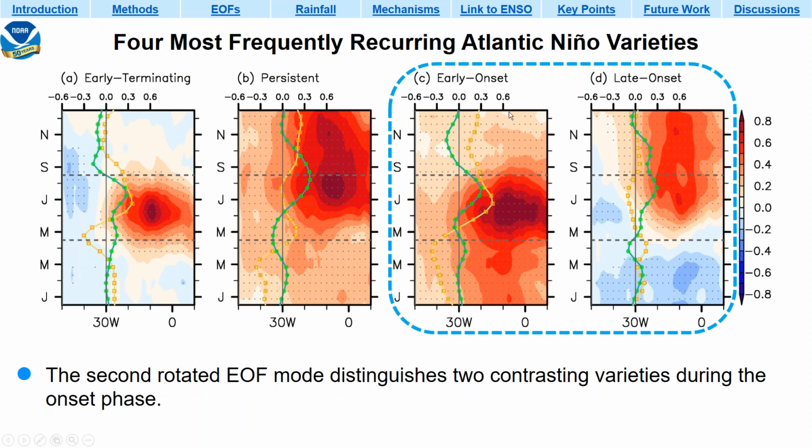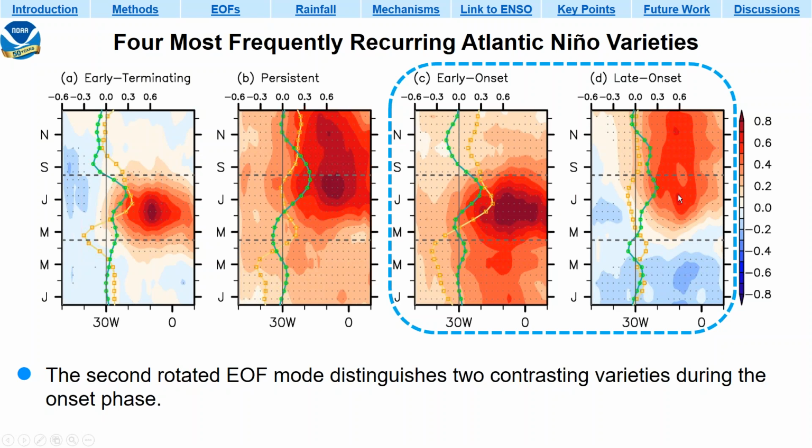Then it dissipates pretty early, and so we call this early onset flavors. And the last one developed quite suddenly, pretty late in June and July. So we call this a late onset flavors.